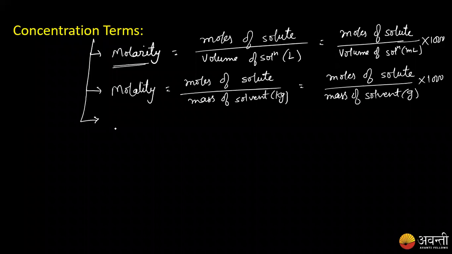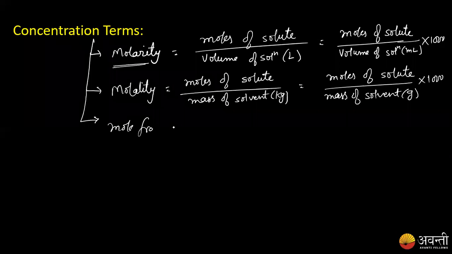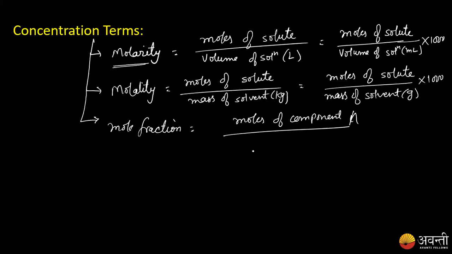The next one is mole fraction. Mole fraction is moles of component i, meaning any component A or i, divided by total moles in a solution. Whatever component we have, what are the moles of that particular component divided by the total number of moles in our entire solution. Add the moles of all the components present in the solution. That is the mole fraction.